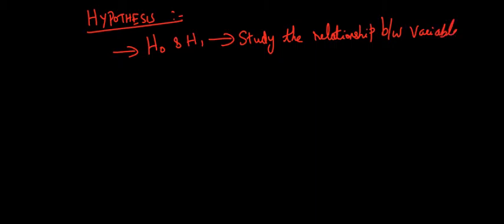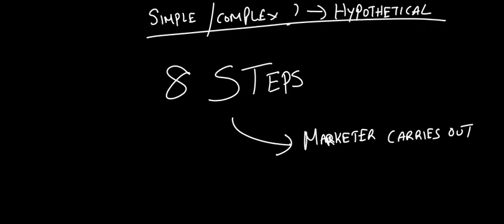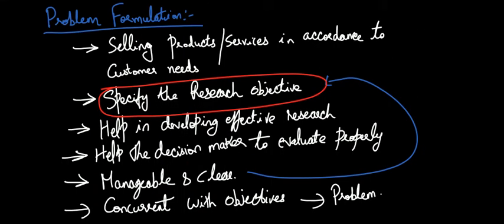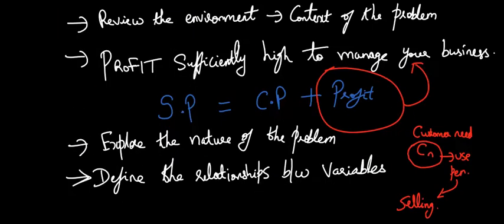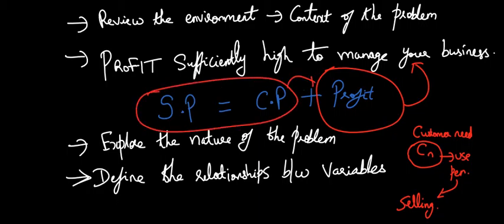When we talk about the relationship between variables, we have already seen in one of our slides that we need to relate the variables in order to arrive at a very good marketing strategy.